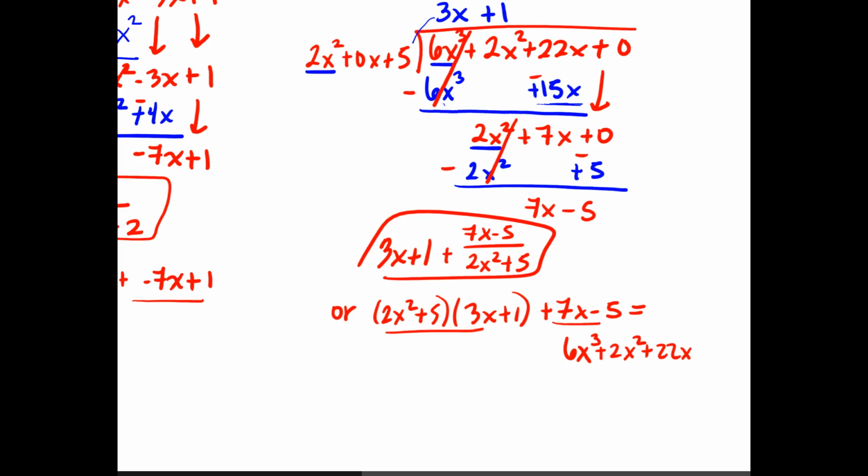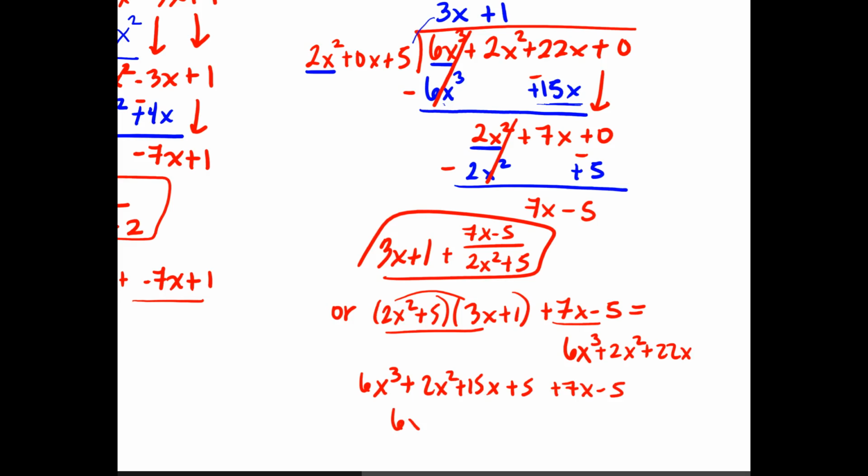Actually, this is good even for me to do. If I FOIL this out, then I would get 6x cubed plus 2x squared plus 15x plus 5. And I know I'm adding this to my remainder, 7x minus 5.